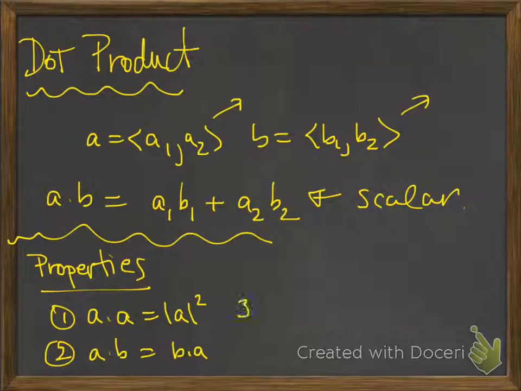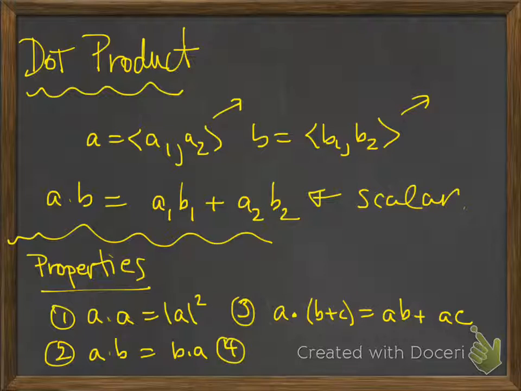It also distributes over addition. So A dot B plus C: if I sum 2 vectors, which produces a new vector, and then dot that with vector A, I get the same thing as if I dot A with B, dot A with C, and sum that up. Easy enough.